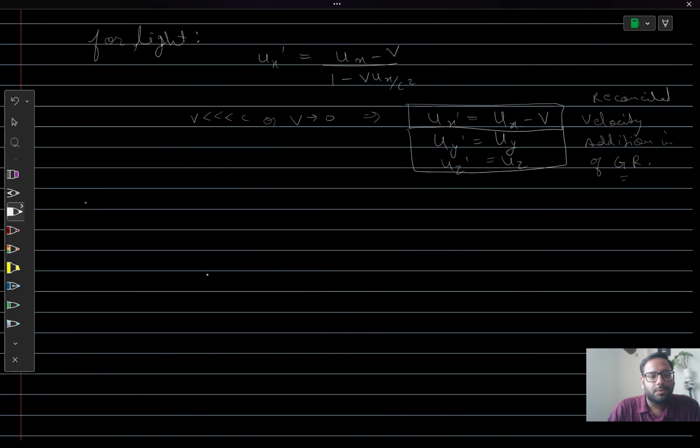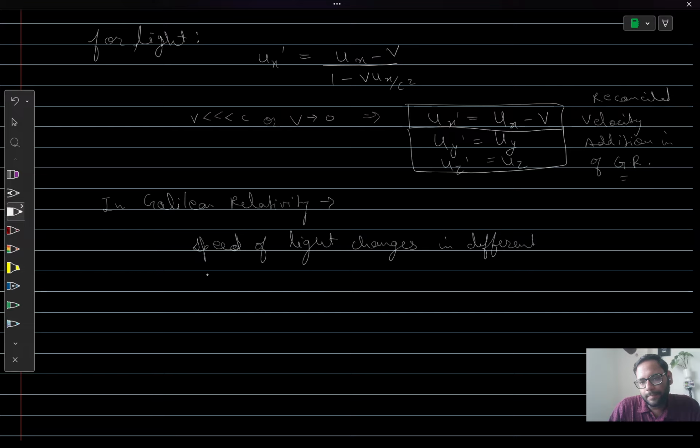So suppose for light, in Galilean relativity, we had a problem that the speed of light changes in different inertial frames.